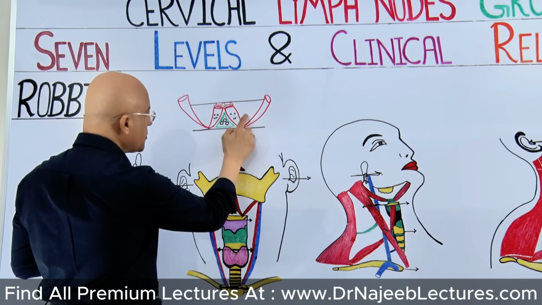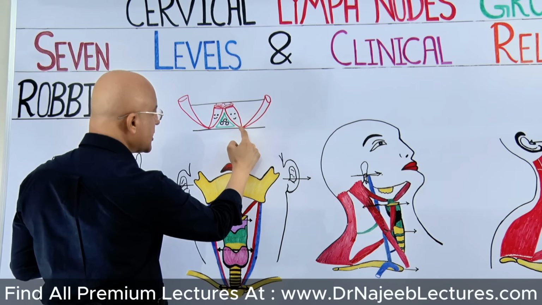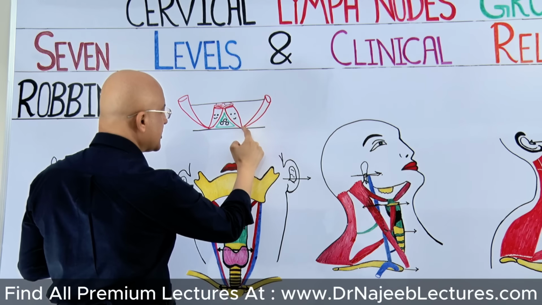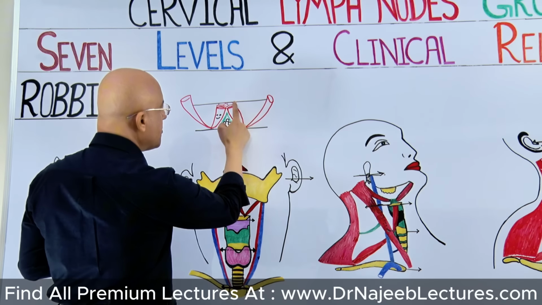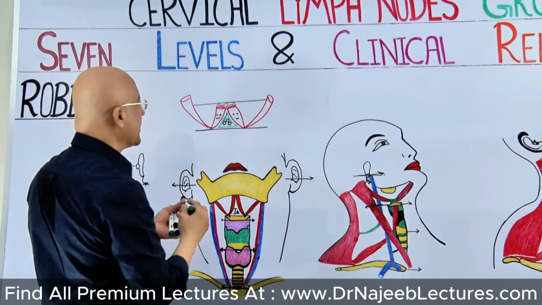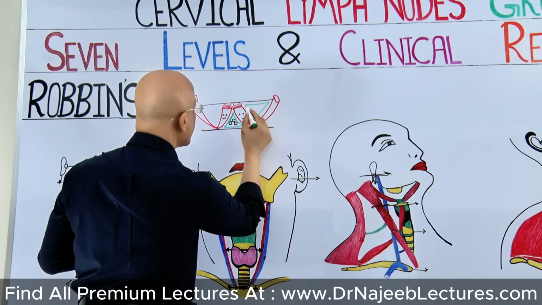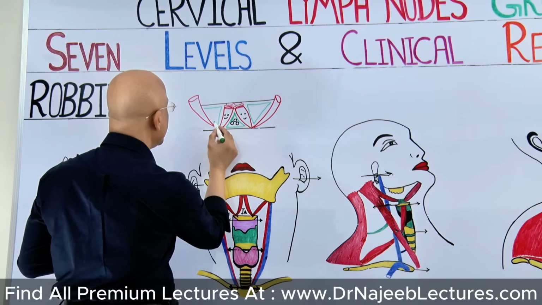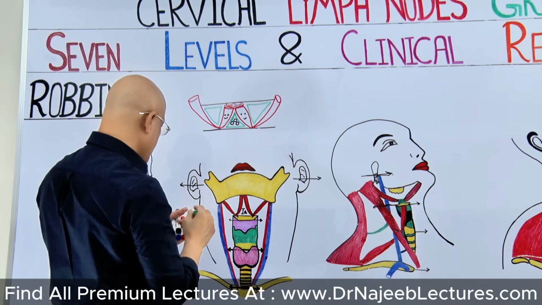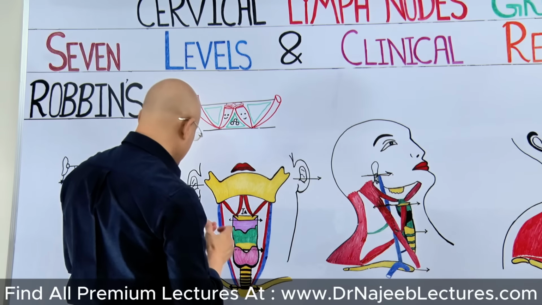But when we come to the side, in between the anterior belly of the digastric and the posterior belly of the digastric, and above, what is this? Base of the mandible. There is another anatomical triangle, right? And this anatomical triangle also has very important structures.